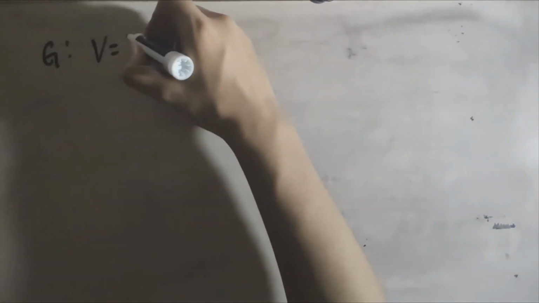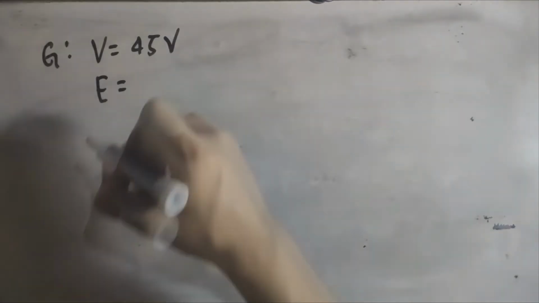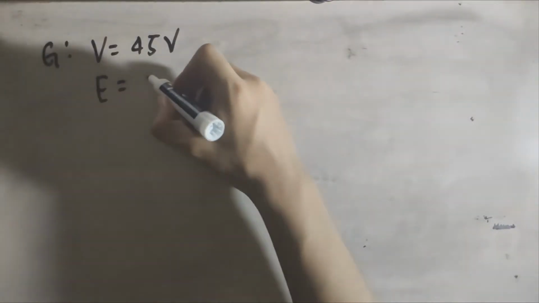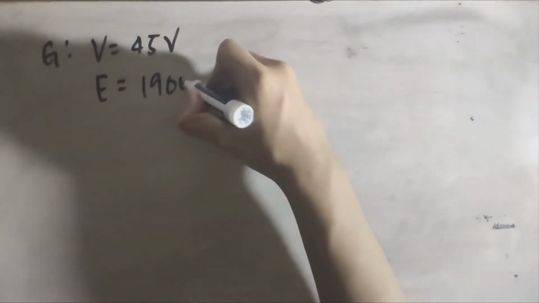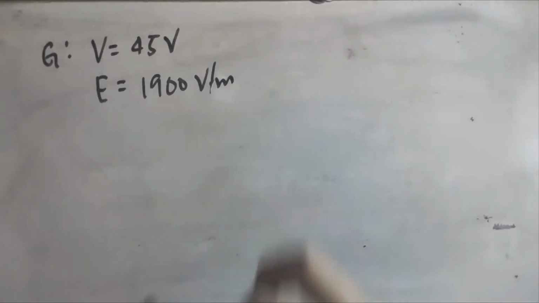For another example, we have given a 45 volt battery. Then we have the electric field, which is 1900 volts per meter.